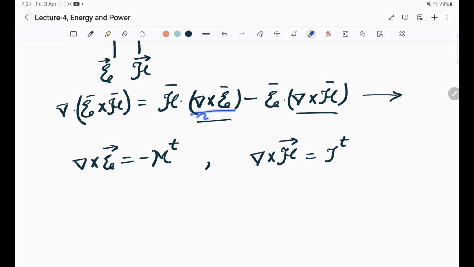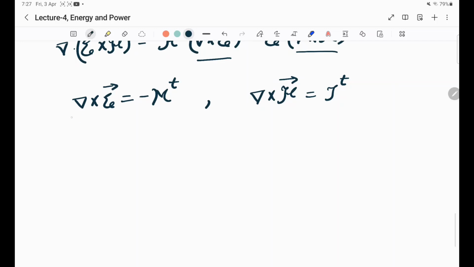Here del cross E is multiplied with H, and here del cross H is multiplied with E. Therefore we will scalar multiply this term with H and this term with E on both sides.